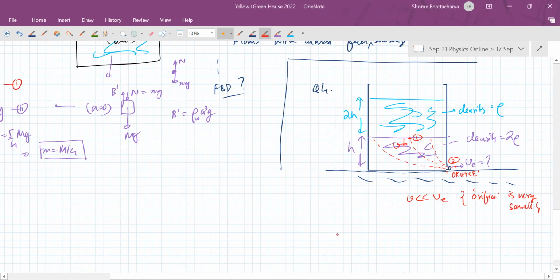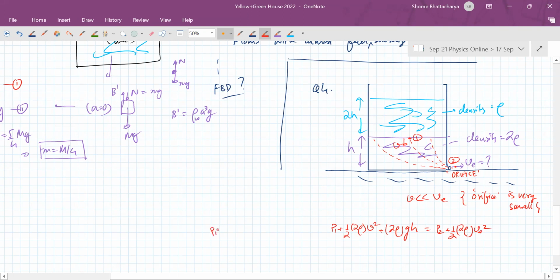So when we apply Bernoulli's equation, we have like this: P1 plus half the density of that liquid, which is 2 rho, so half 2 rho V square, plus density into g into h, is equal to P2 plus the corresponding terms.